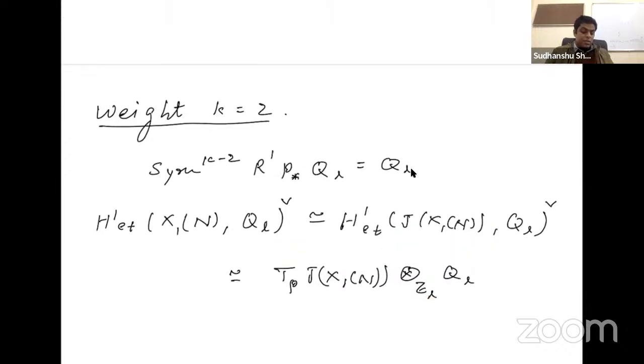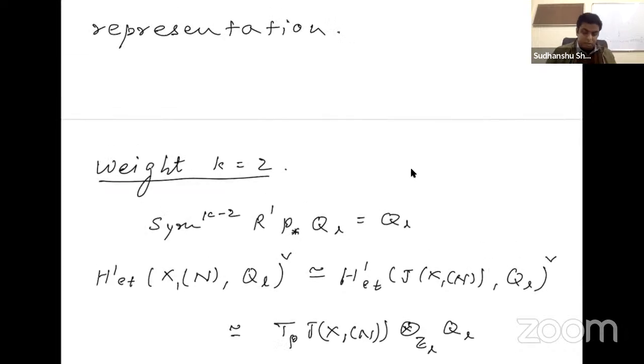So these are the two things I wanted to state. Of course, one also needs to show that, away from primes dividing the conductor level, the Frobenius was acting a certain way, and that comes from the Eichler-Shimura congruence relation, which I think was also discussed in one of the talks last week. Yeah, so I will just stop here.